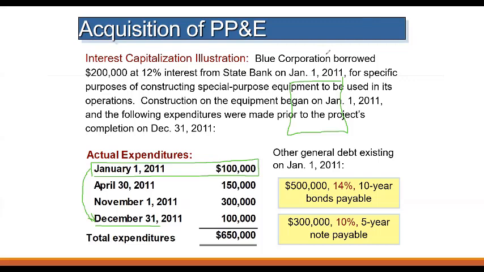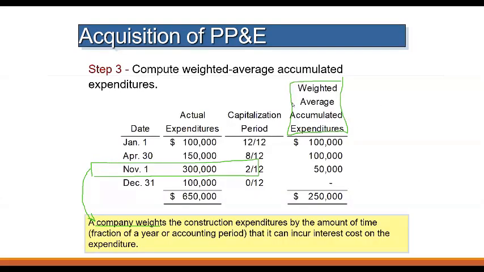In order to get the weighted average, I take the 100,000 and multiply it by the weighted average time, which is 12 over 12, because I paid that and it stayed with me for one whole year.